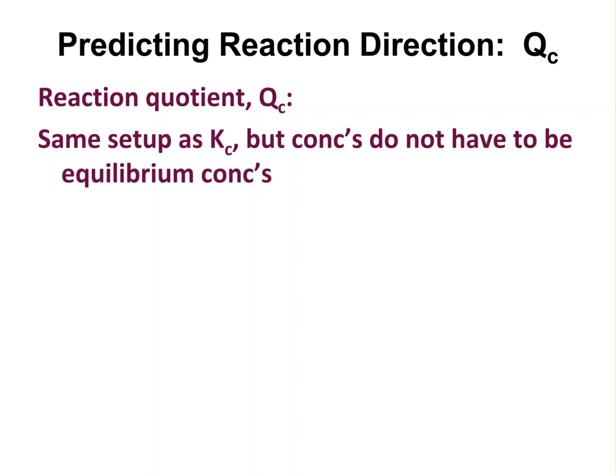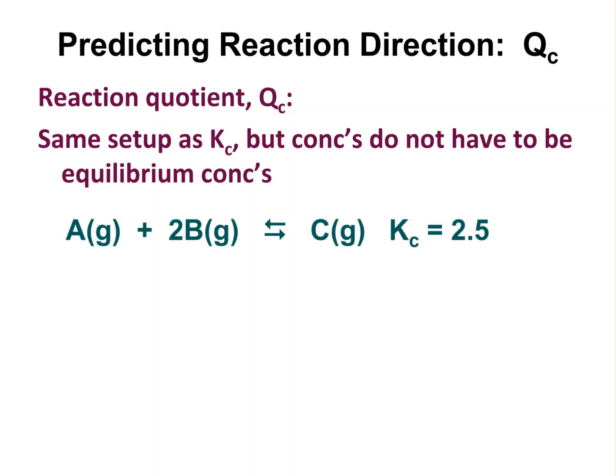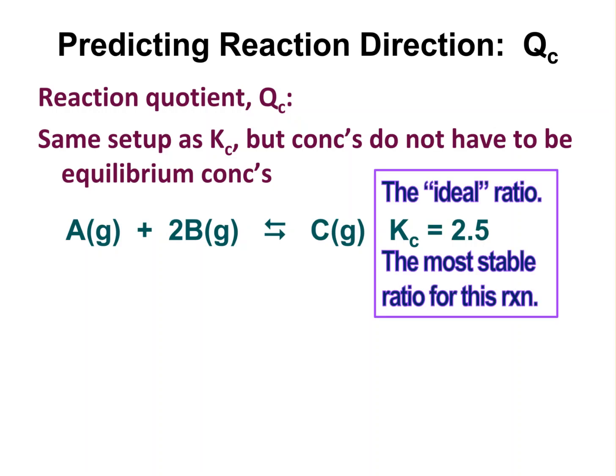So the setup is the same as the KC, and what I mean by that is you're going to set it up products over reactants in the same way. Here's a reaction, and for this reaction I've put the KC over here.